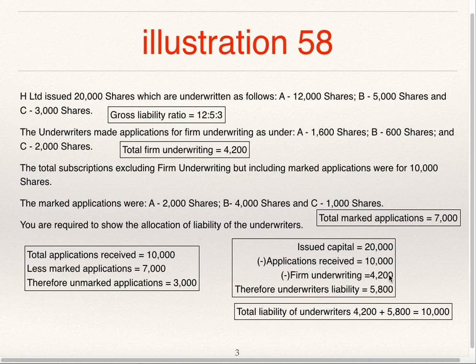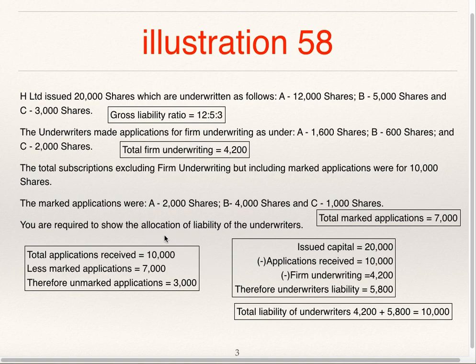Total liability of underwriters is firm underwriting plus the underwriting which we have just now calculated, 4,200 plus 5,800, total liability of underwriters is 10,000. This is nothing but issued capital 20,000, applications received 10,000, underwriters' total liability is 10,000.